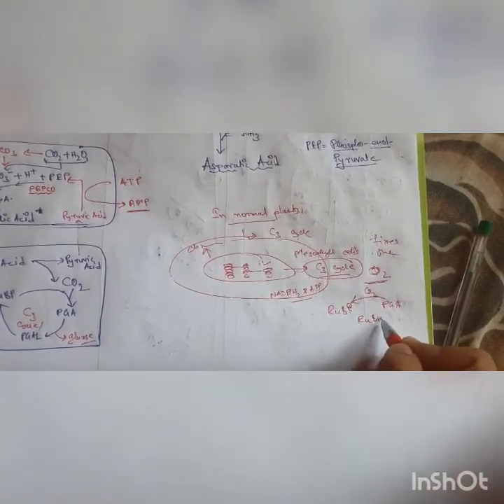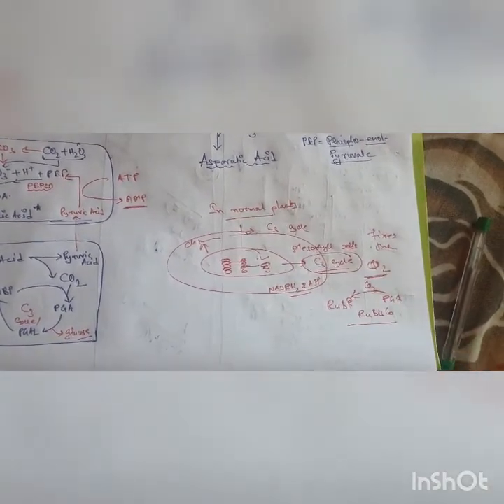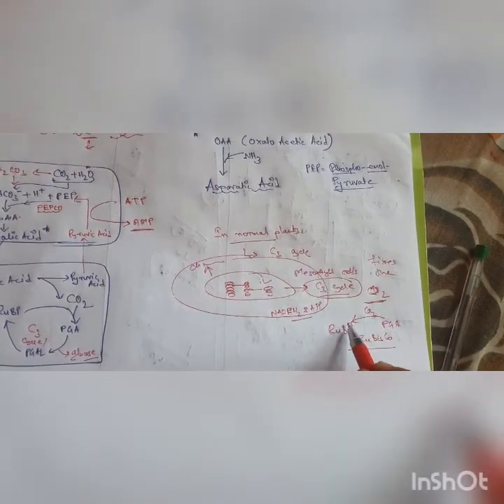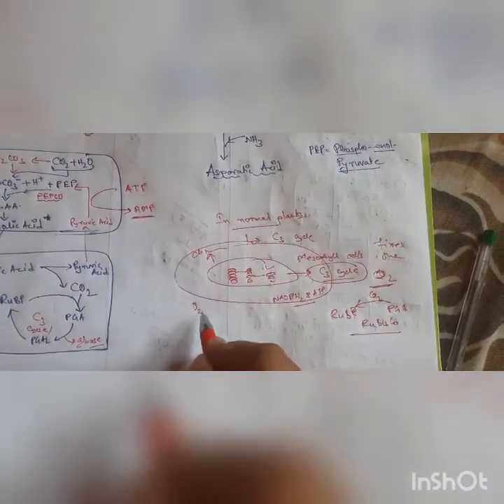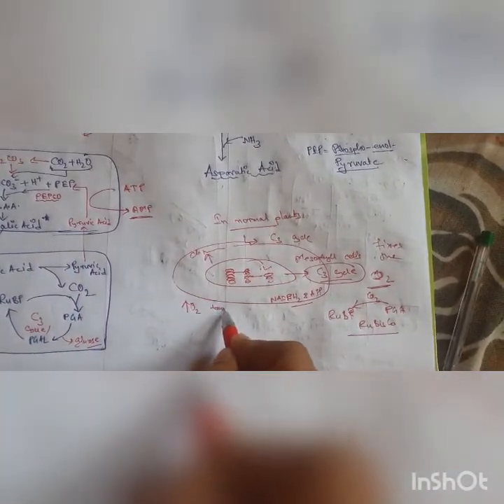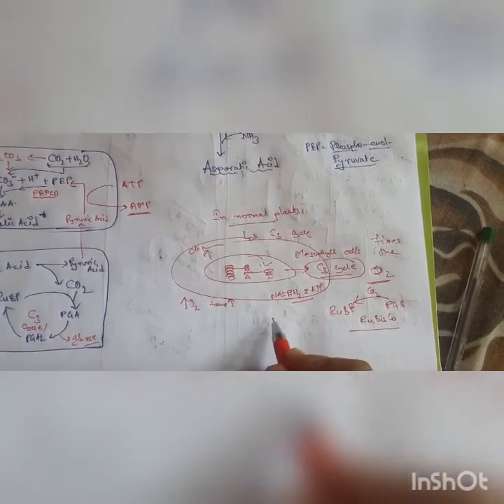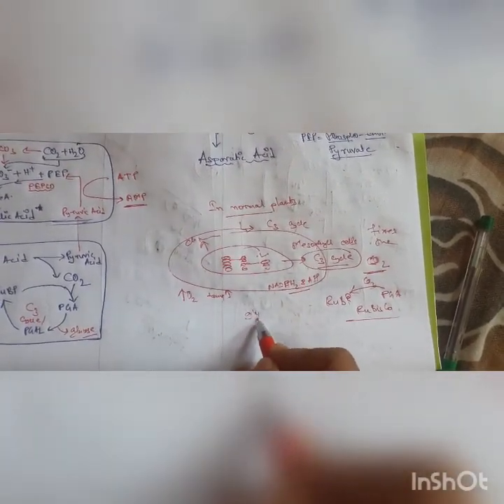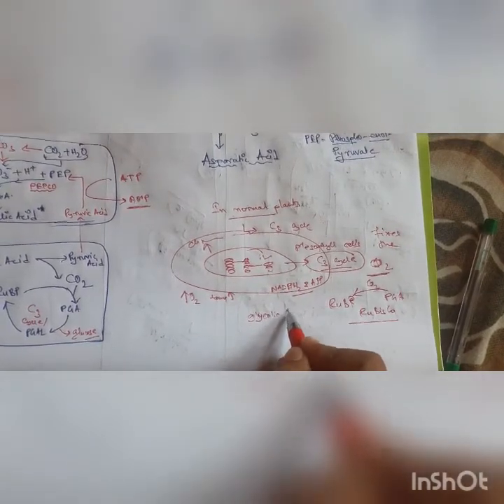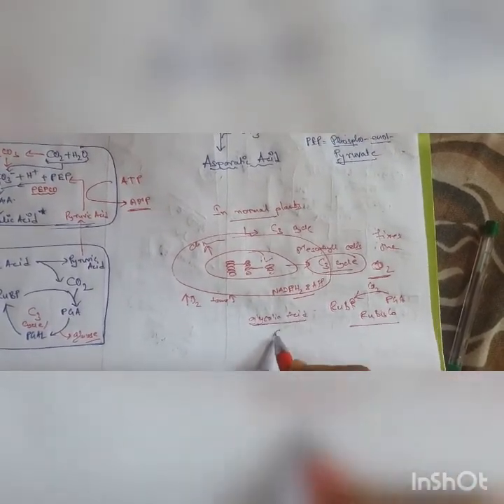Now the problem was created by the enzyme Rubisco, which not only acts as a carboxylase which adds CO2, but also acts as an oxygenase. In the presence of high concentration of O2 and temperature, Rubisco acting as oxygenase will form glycolic acid, which is a problem, which is a C2 cycle.